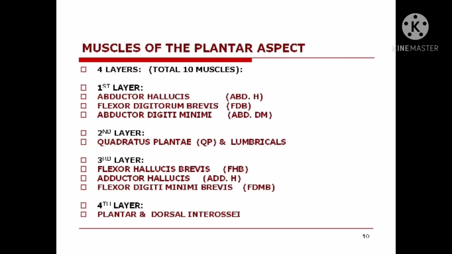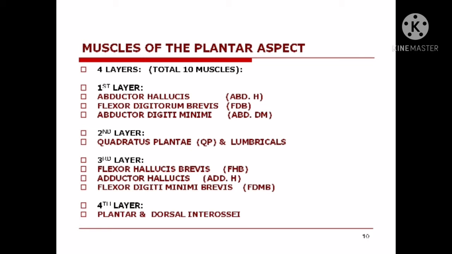In the sole of the foot, there are multiple muscles and they are arranged in 4 layers. The total number of muscles is 10. The first layer contains the abductor hallucis muscle, flexor digitorum brevis muscle, and abductor digiti minimi.